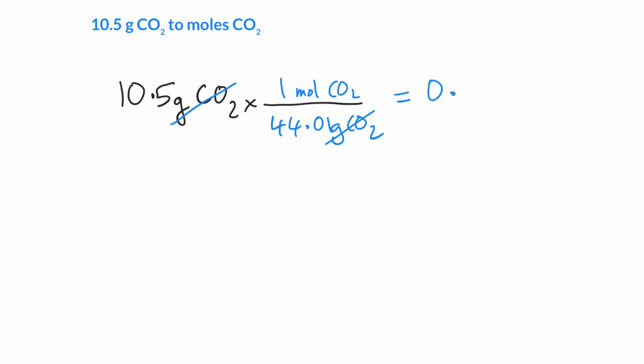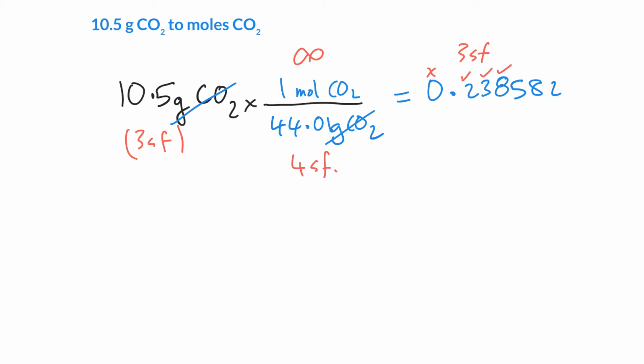Our calculator is very naughty and gives us a very large number that starts with 0.2385821 blah blah blah. Significant figures: 10.5 has 3, the 1 mole is exact, and 44.01 has 4, so clearly we need 3 here. Leading zeros never count, so 2, 3, 8 is good.